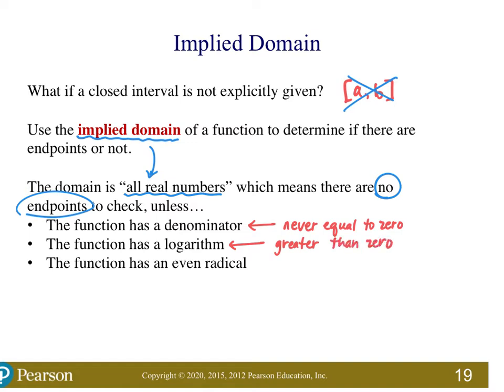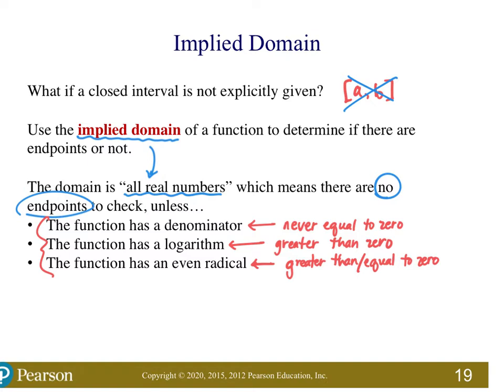And then the last is, does it have an even radical? Even radicals must be not just greater than, they must be greater than or equal to 0. So these 3 domain rules are going to affect the implied domain, and we'll use that to help us test our endpoints.